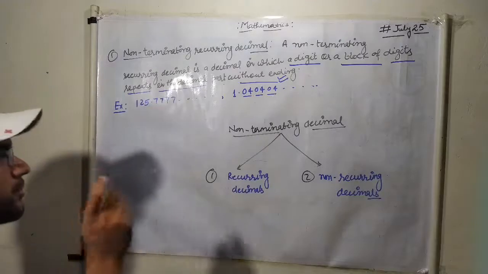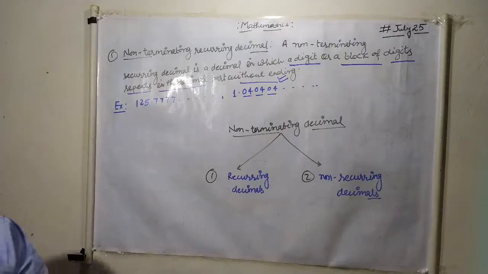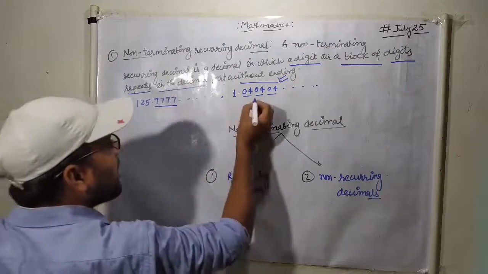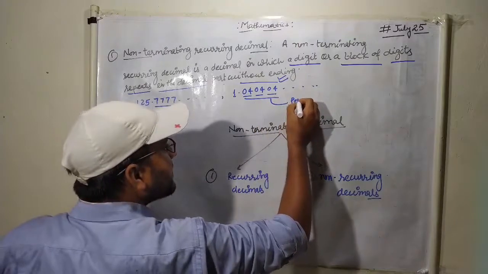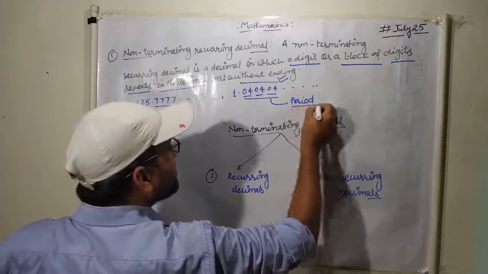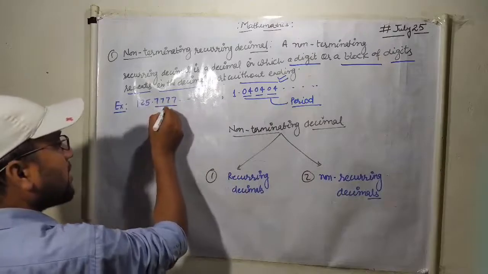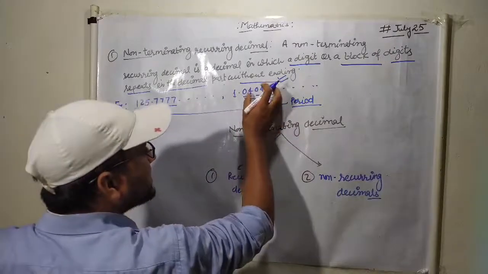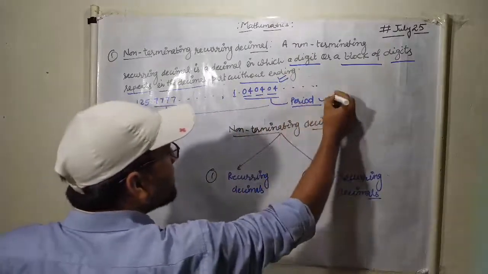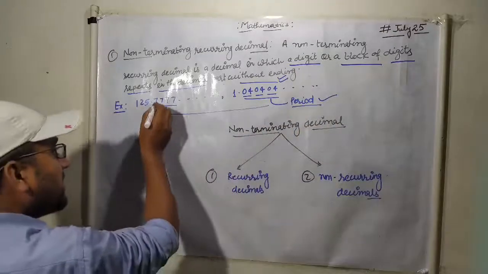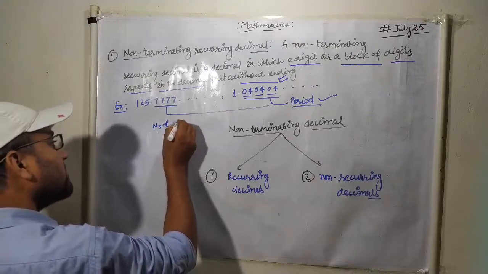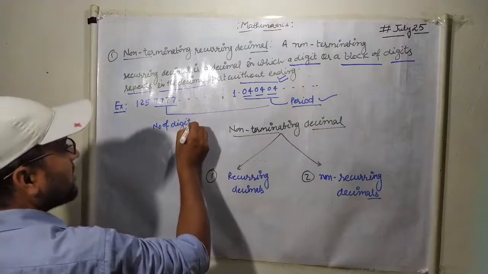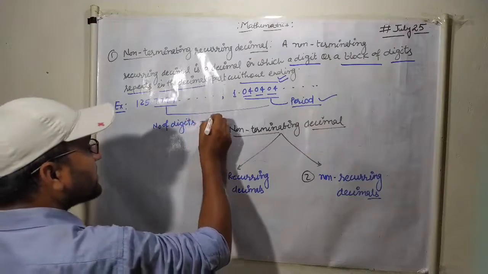So students, very important points. A digit or a group of digits is known as a period. It is known as a period, and the number of digits is known as the periodicity.